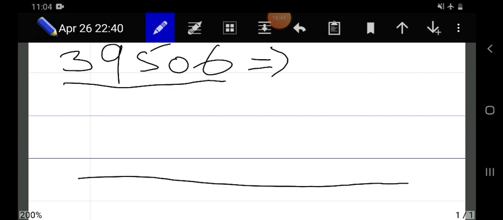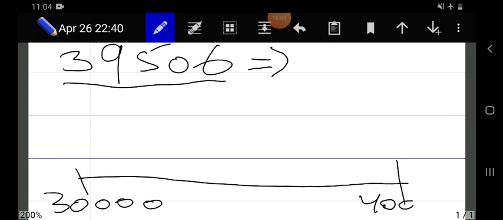That means 30,000 and 40,000. The midpoint of these numbers will be 35,000.